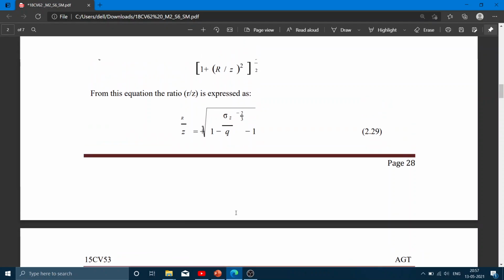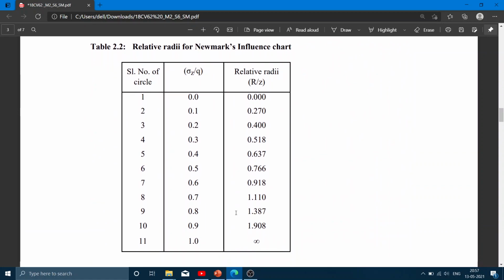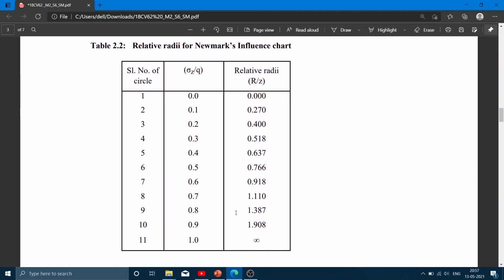Next, continuing this, the ratio r by z represents the relative size or relative radii of the circular loaded bearing area, which gives a particular value of vertical stress to applied load ratio sigma z by q. The ratio sigma z by q can vary from 0 to 1.